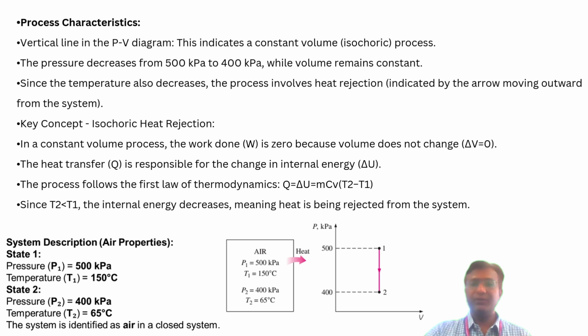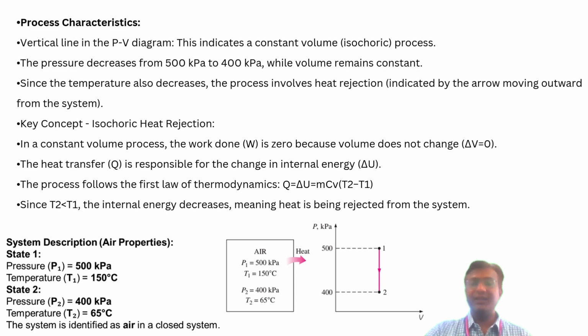If you carefully look at the formula, the mass is not negative and Cv is also not negative. The difference of final temperature and initial temperature is a negative value because the final temperature is less than the initial temperature. Therefore, the value of Q is negative.